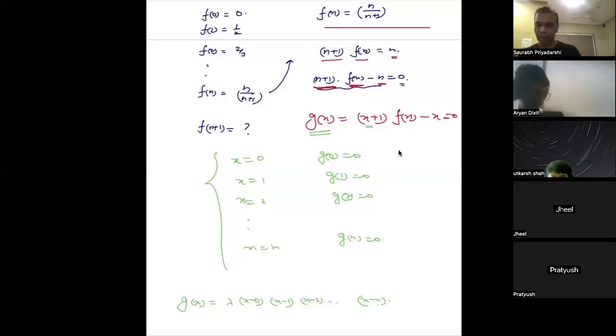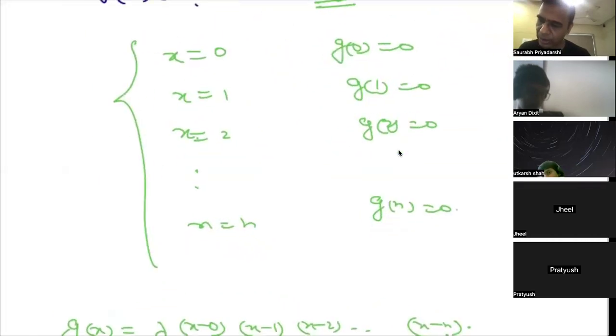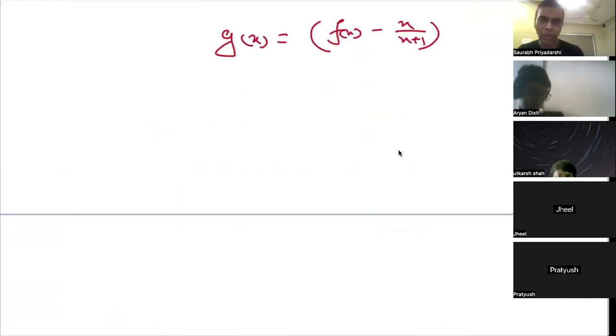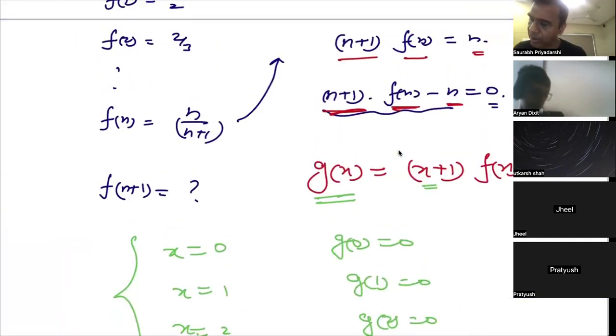is not the polynomial. If I take a function as g(x) equals f(x) minus x by x plus 1, this is okay, but this is not a polynomial. So we should not take this as a function. What we have done is multiply by x plus 1, then f(x) minus x.